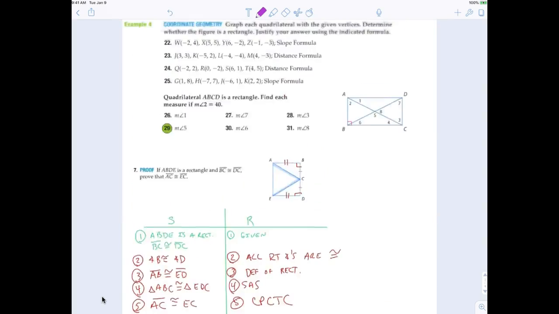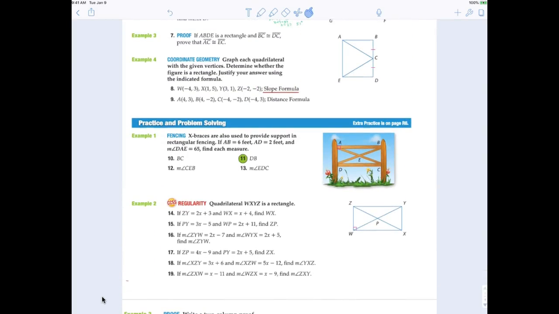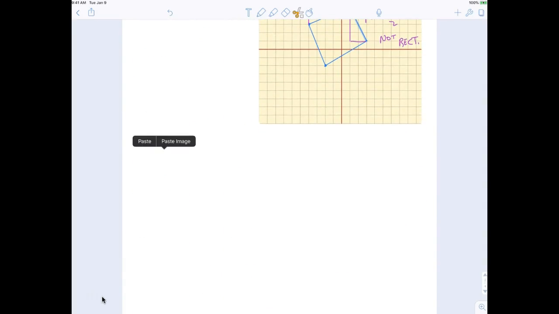All right. So now let's grab the next one and see what it says. The next one it says using the what? So here we go.